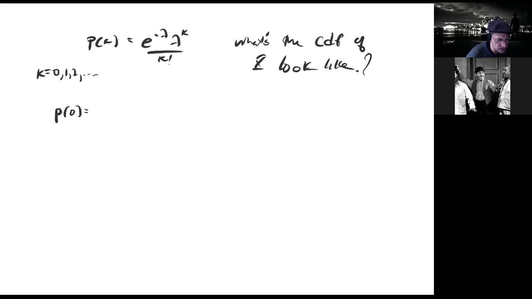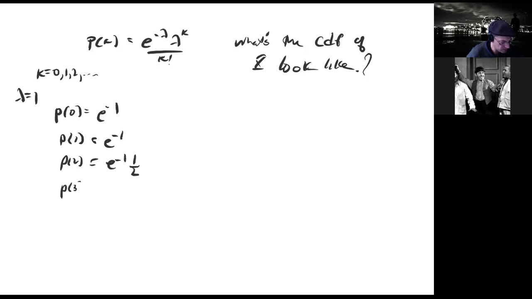P of 0 is e to the minus... Let's take a special case, lambda equals 1, just for fun. So it'll be e to the minus 1, and then p of 1 would be e to the minus 1 again, because lambda is 1. P of 2 would be, stick in 2, we get e to the minus 1 times a half.